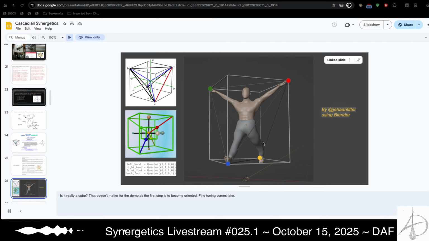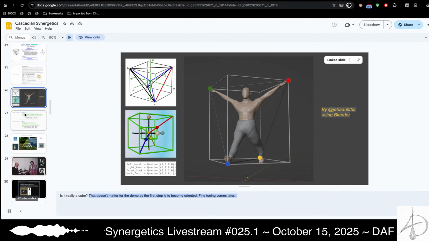With these 4 points, we have a person inscribed within a tet, and that is the equivalence point or the Rosetta Stone between the tet and the cube. So, is it really a cube? Is this person inside a tet, or are they within a cube? It's both. It's the same exact vertices. That doesn't matter for the demo, as a first step is to become oriented. Fine-tuning is later. So this is one color coding of kind of a chirality for this tet. Super cool to see.